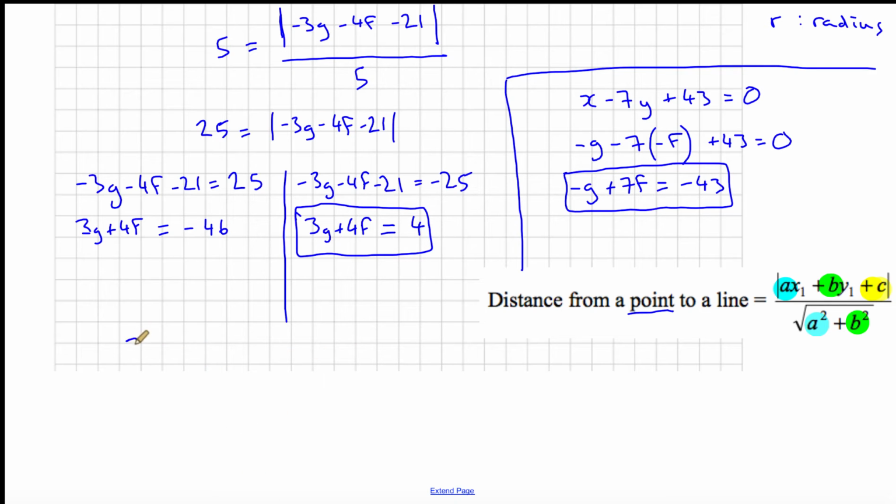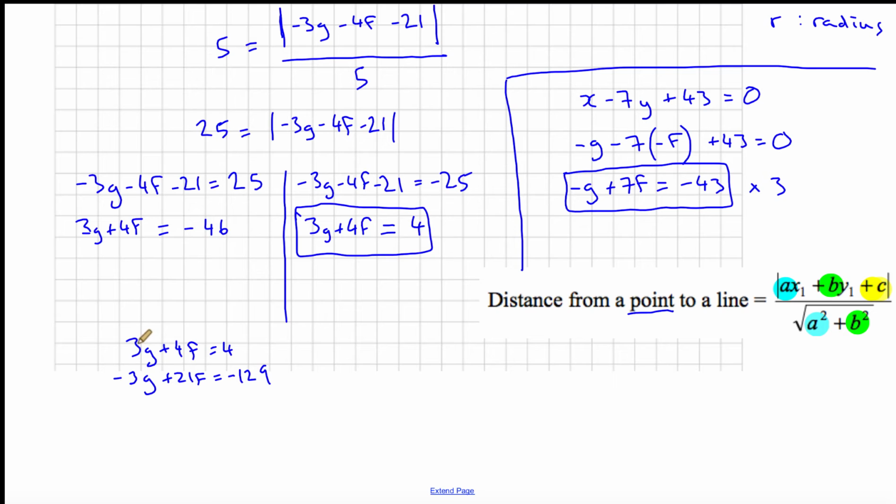If I have 3g plus 4f is equal to 4, and underneath, I multiply this equation by 3, that will give me minus 3g plus 21f is equal to 3 by minus 43, which is minus 129.